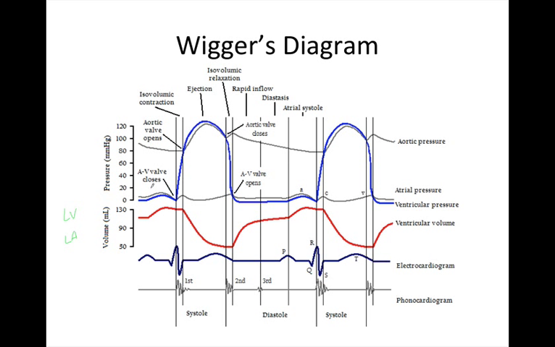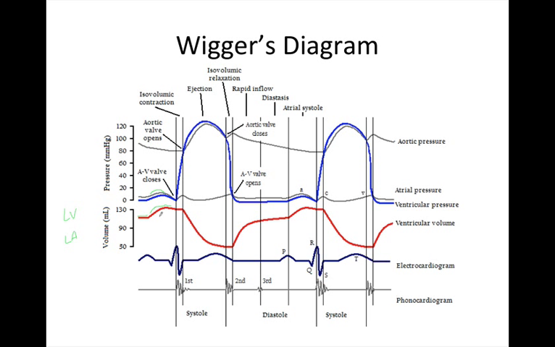So, where should we start here? Pressure, where's atrial? There we go. Atrial pressure. Notice when we look at ventricular filling, notice when atrial pressure rises, when we're undergoing atrial systole, ventricular volume rises just a little bit.